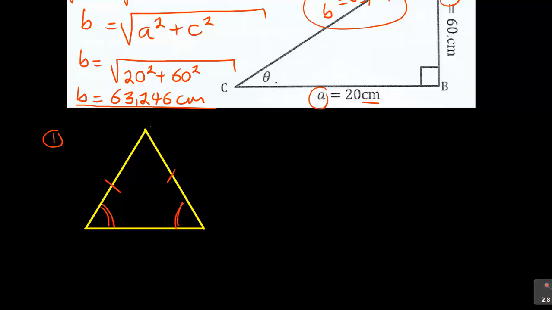and that angle is equal to that angle. So in an isosceles triangle, number one, two sides are equal in length. That's number one.